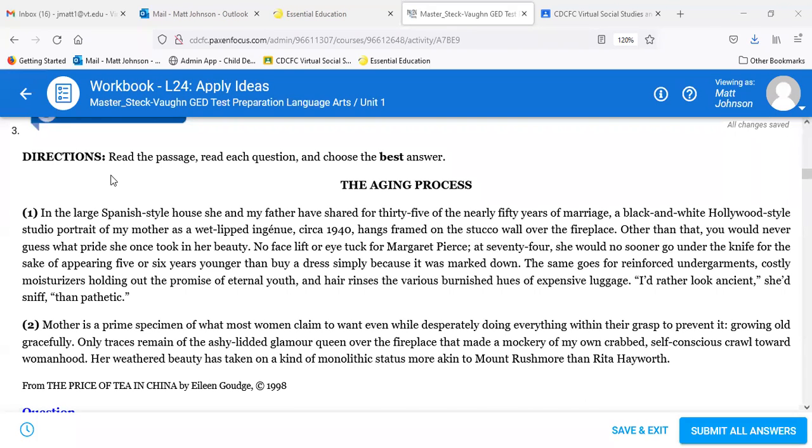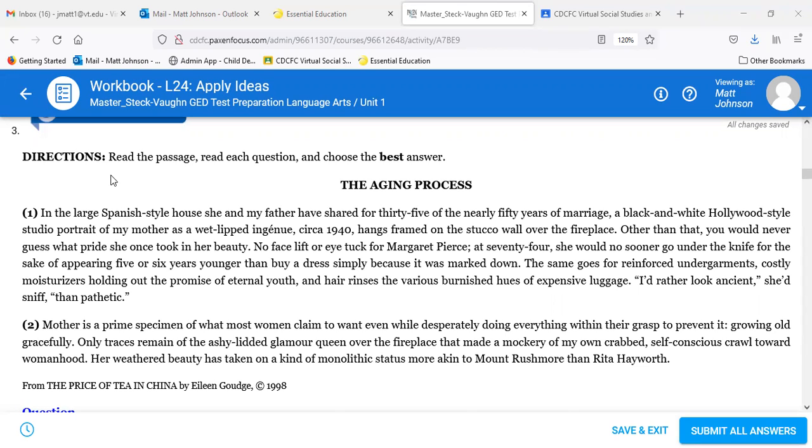Mother is a bright specimen of what most women claim to want, even while desperately doing everything within their grasp to prevent it: growing old gracefully.